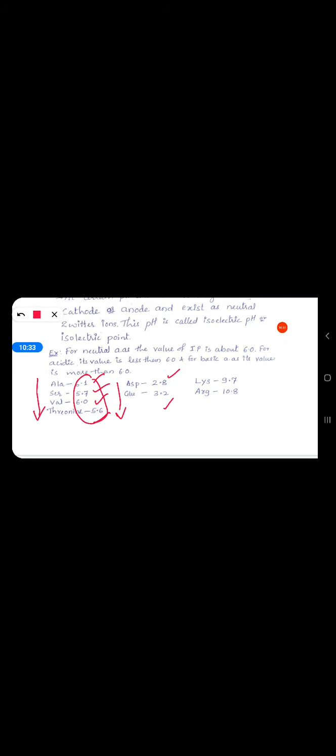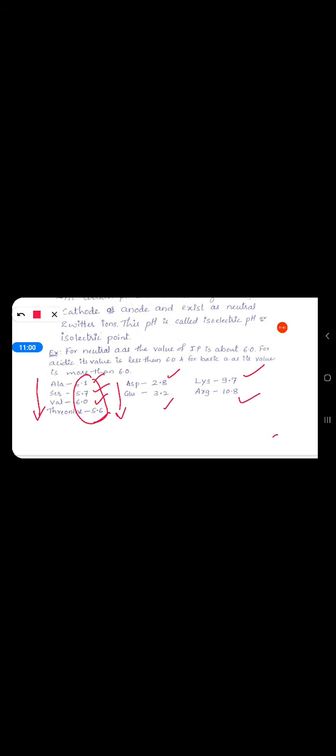Here lysine is 9.7, arginine is 10.8. It means arginine at pH 10.8 exists as a Zwitter ion. So it is completely neutral at pH 10.8. At pH 10.8, it does not migrate towards the anode nor towards the cathode.